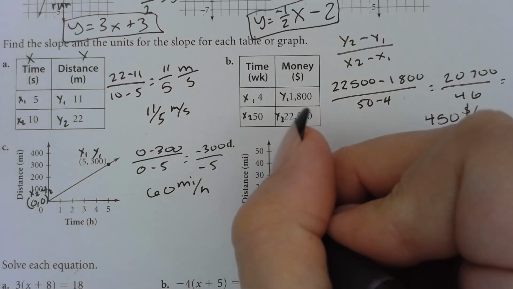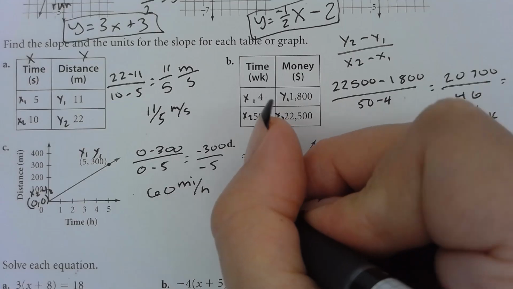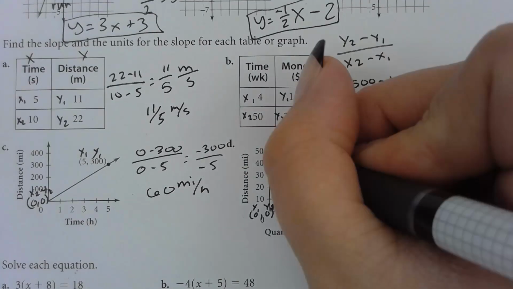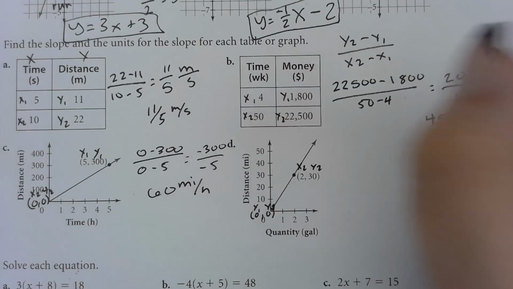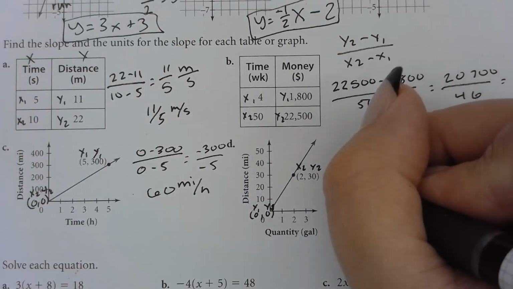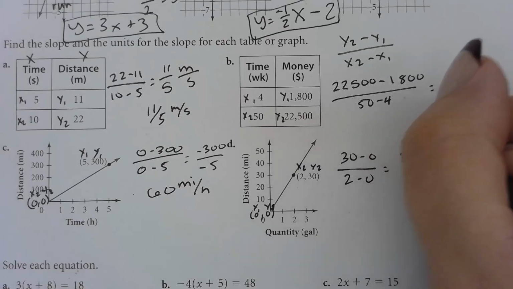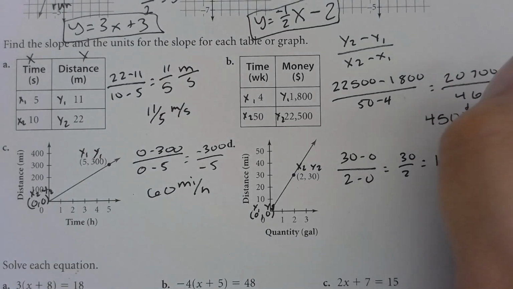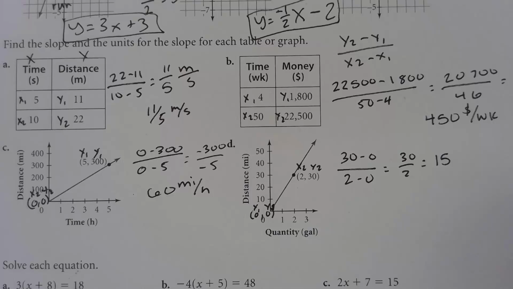This is to show that it doesn't matter what you call 1. 30 minus 0 over 2 minus 0. Get 30 over 2. I get 15 miles per gallon. Questions on 3?